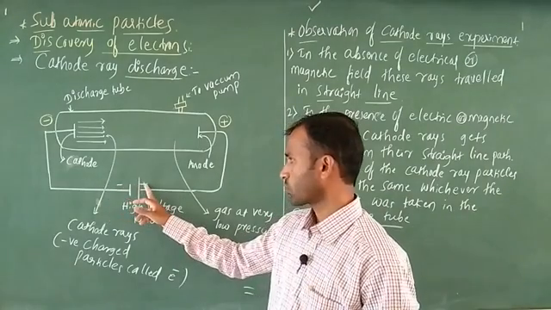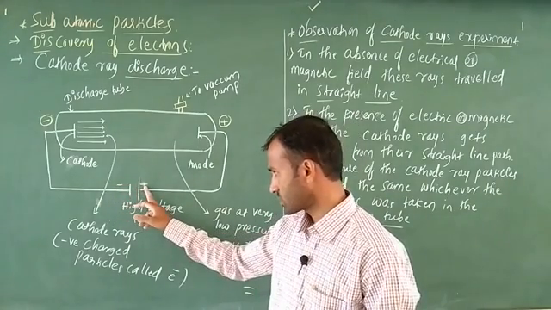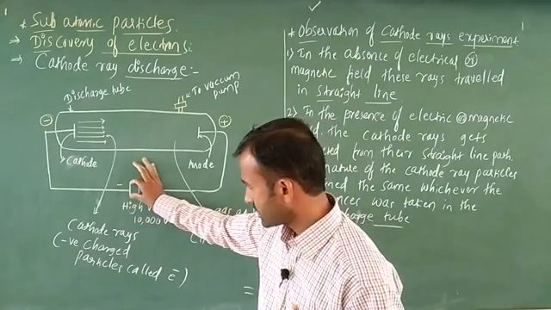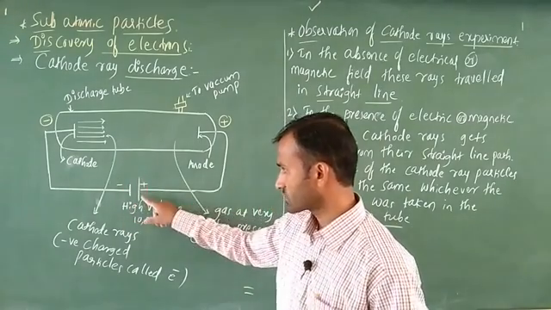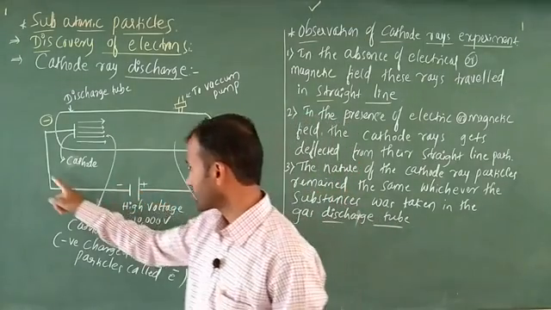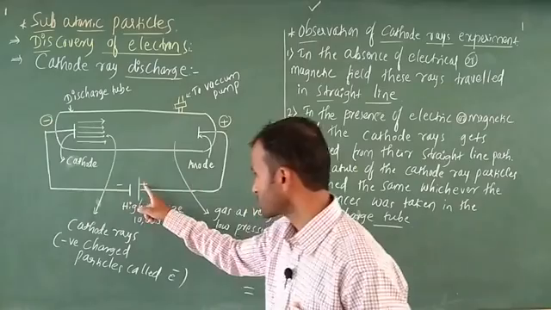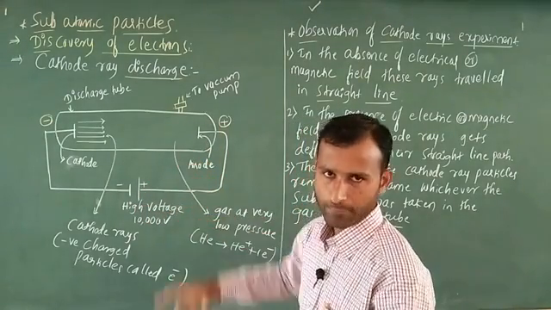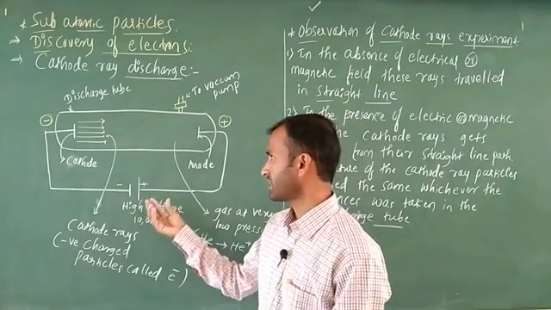This one is minus, sorry, this is minus and this one is plus. A very small line indicates negative, and a large line indicates positive. The negative is connected to the negative, and the positive to the positive. This is the battery, a high voltage battery.